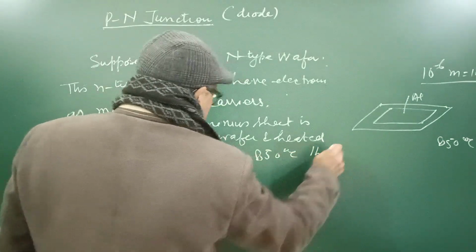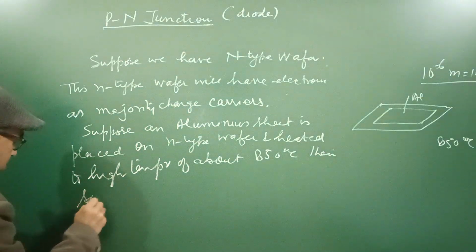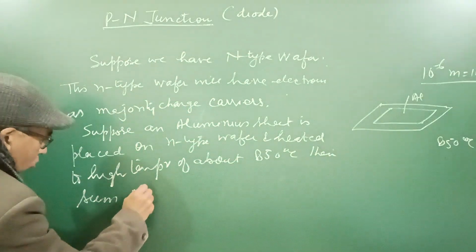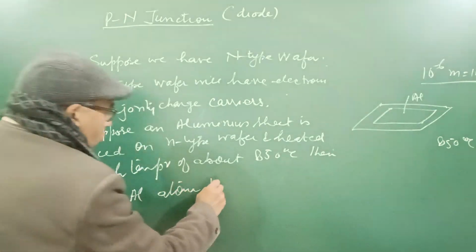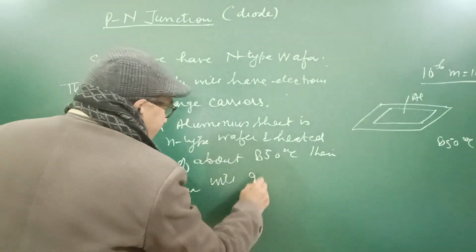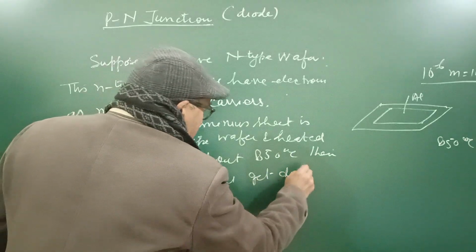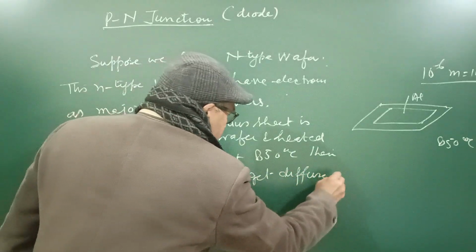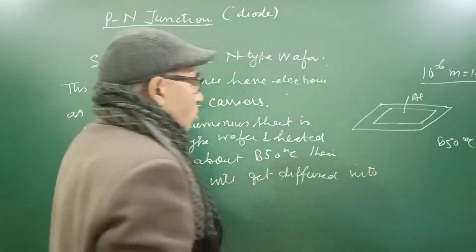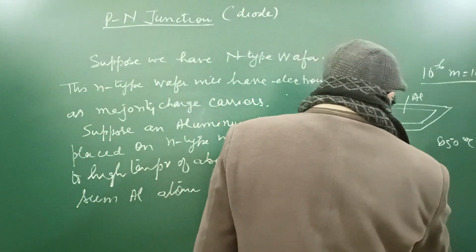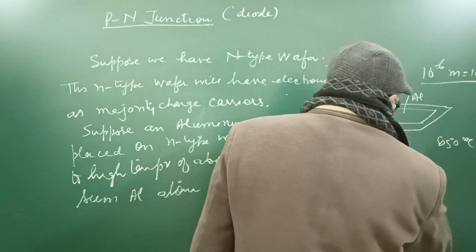Then some aluminium atoms will get diffused into the N-type wafer.